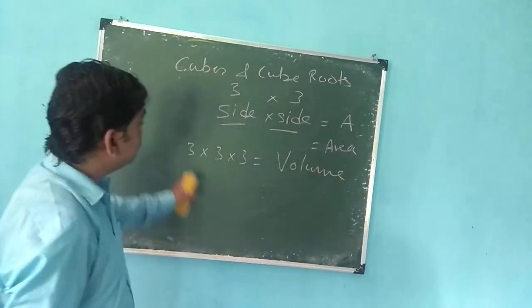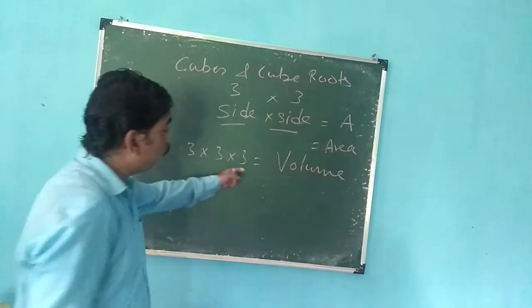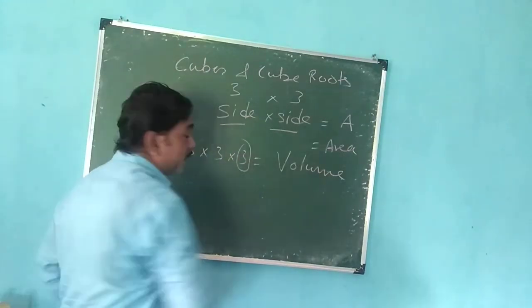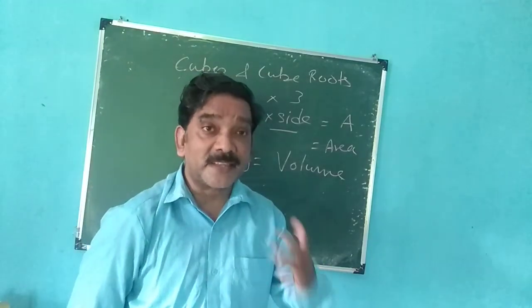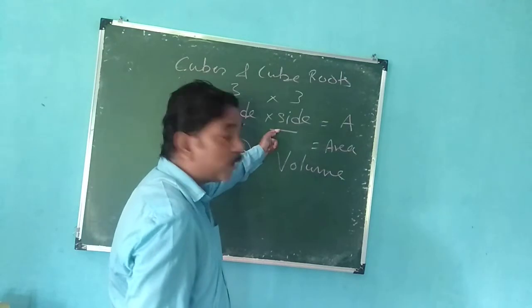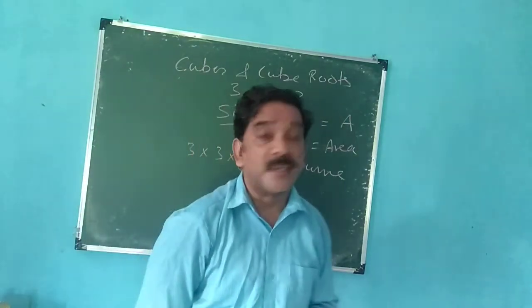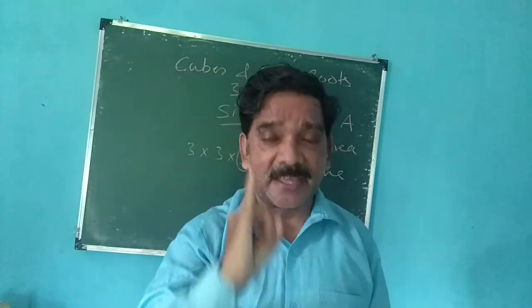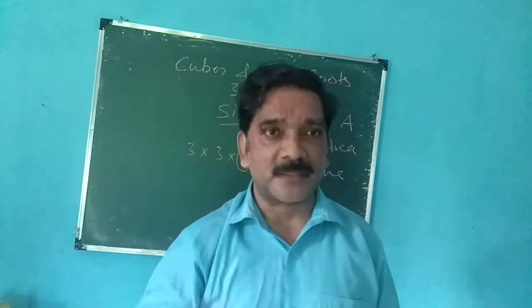Suppose this is length, this is breadth, and this will be the height: length, breadth and height. The first is applied for 2-dimensional figures and this is applied for 3-dimensional figures. When I say 3 dimensions, it means length, breadth and height. 2 dimensions means length and breadth.